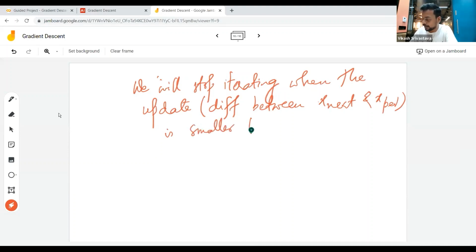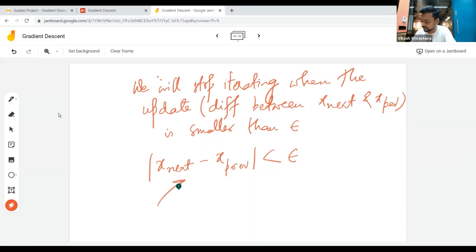Okay, so when we are not getting our x's updated by a large margin, we'll stop iterating, right? So if this is less than some epsilon, since the condition is achieved, we'll stop iterating, and this is what we call convergence, right? So as in we are very close to the minima of the loss function, right?